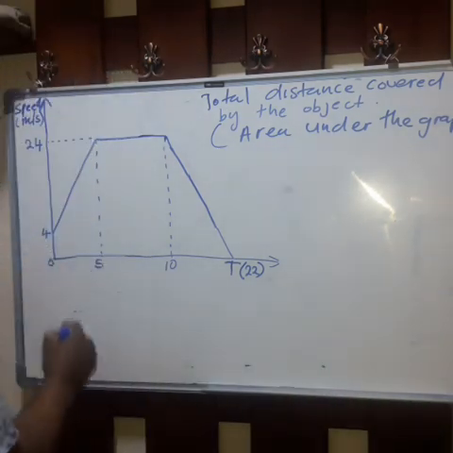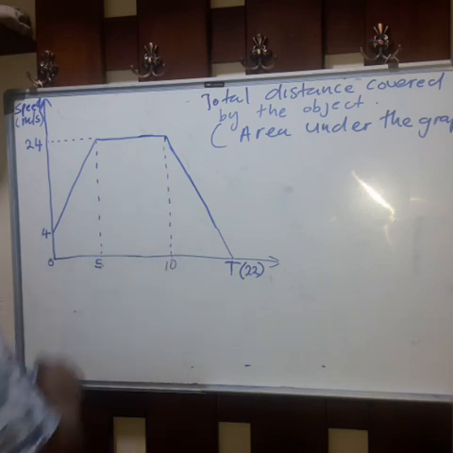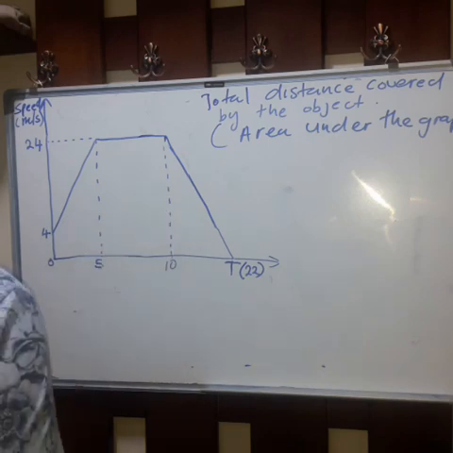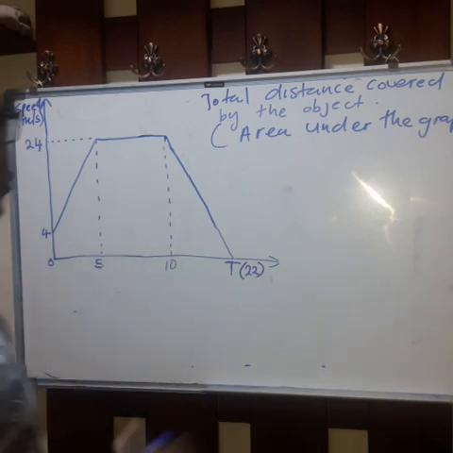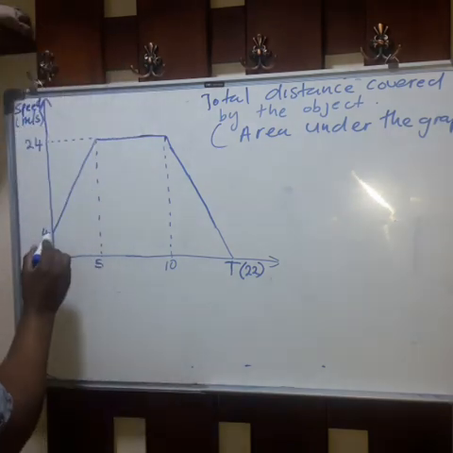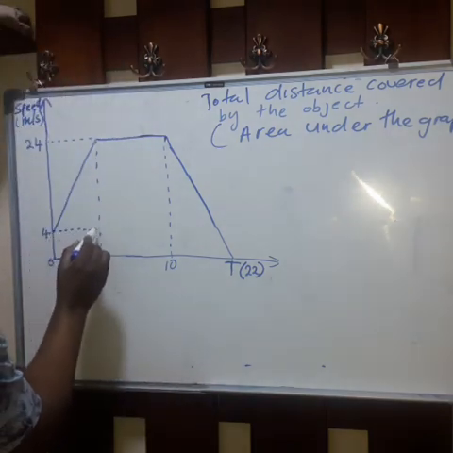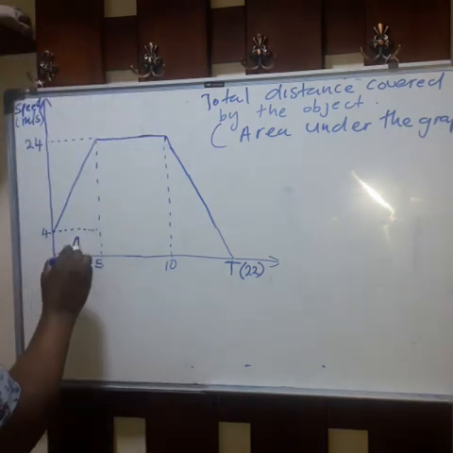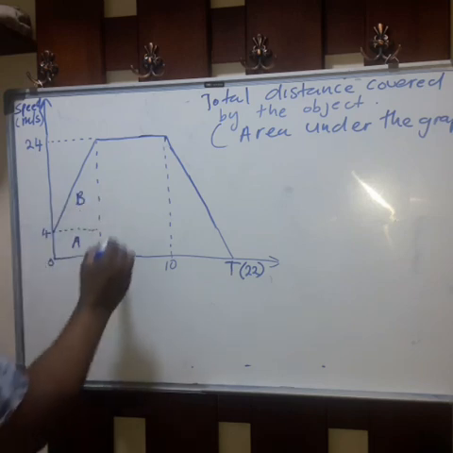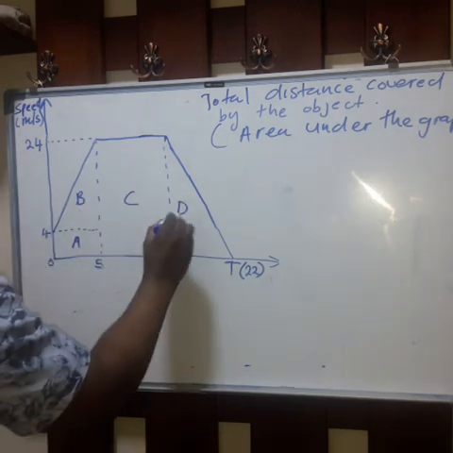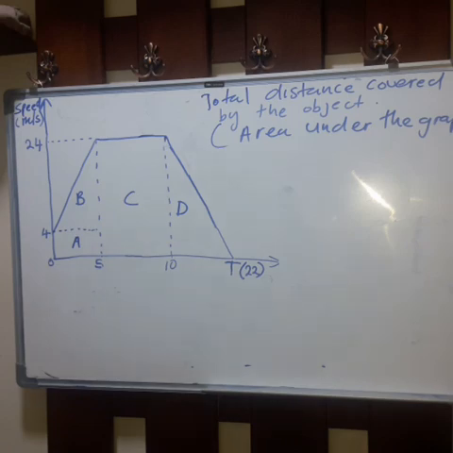So let me then try to categorize this graph into maybe 4 parts, right? So allow me to draw a dotted line here. This one is going to be A, this one is going to be B, this one is going to be C, this one is going to be D, right? So for A, it's a rectangle.